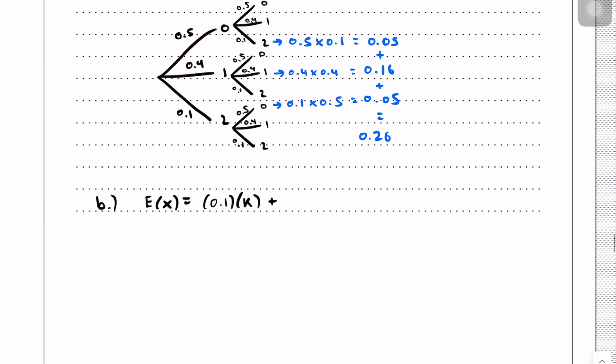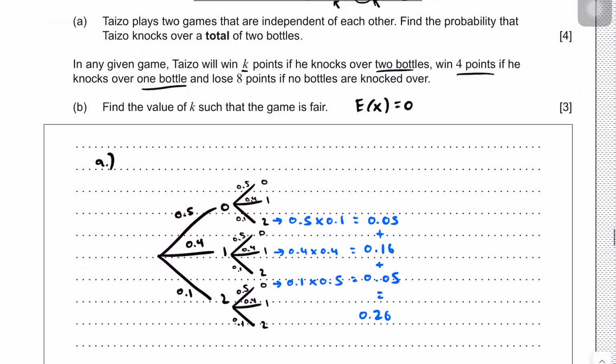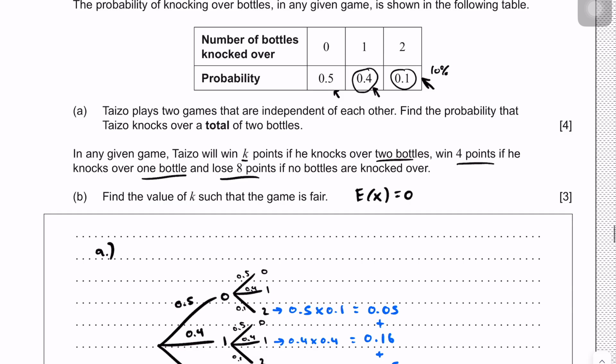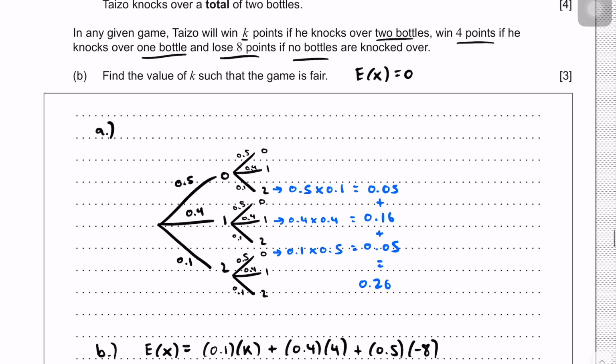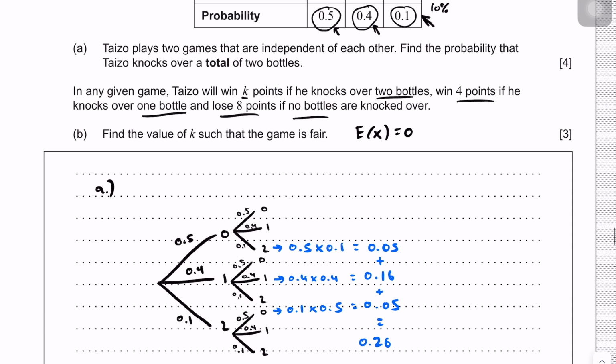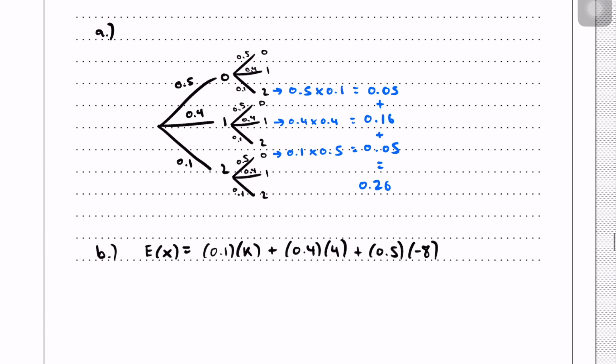So in this case, 0.4, a 40% chance of winning 4 points. And then lastly, we'll lose 8 points if no bottles are knocked over. And that would be a 50% chance, or we could say half of the time we will lose 8 points. A fair game is when expected value is equal to 0. So we'll set all this equal to 0.